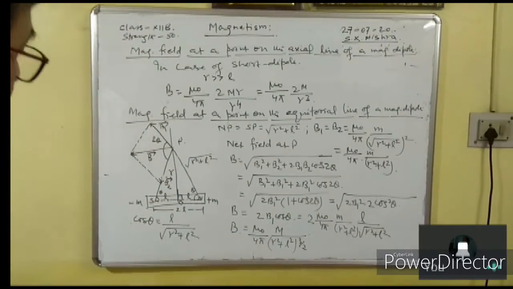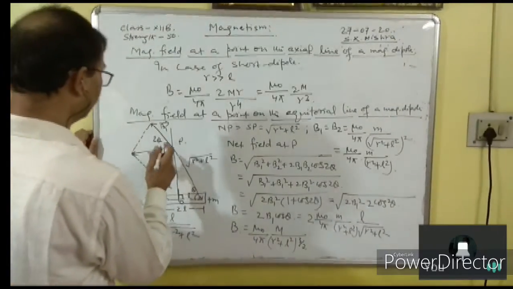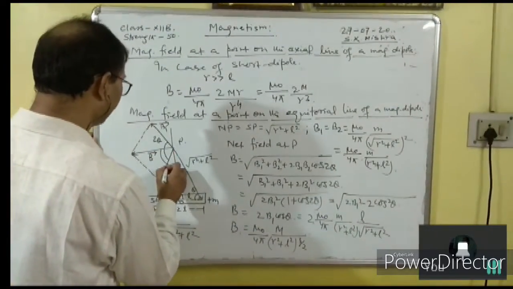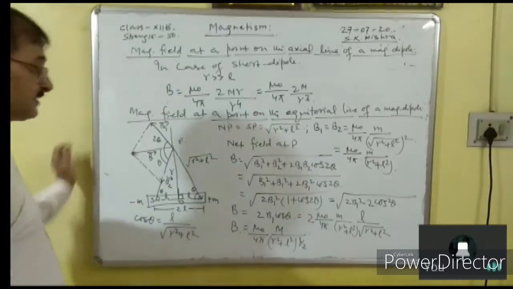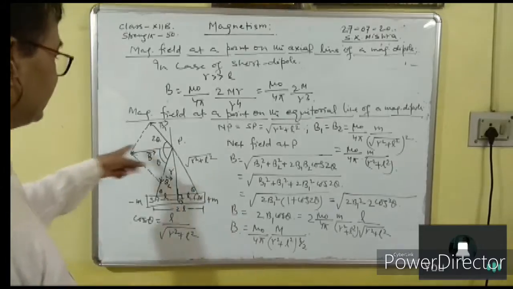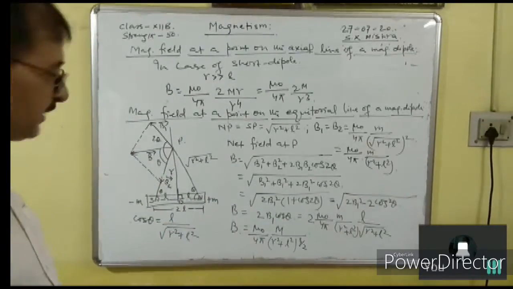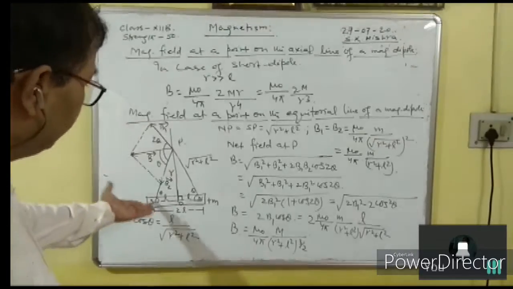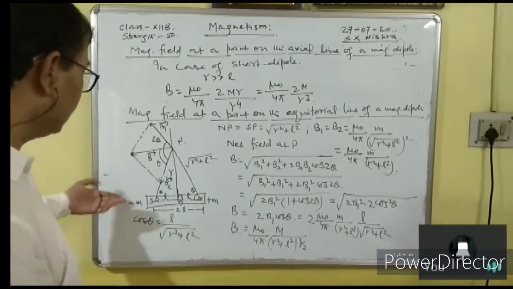So these two are theta, theta, so this whole angle will be 2 theta. Exterior angle is the sum of the opposite interior angles. And then complete a parallelogram, and the diagonal of the parallelogram will represent the resultant of the two fields B1 and B2. And this is the net field.